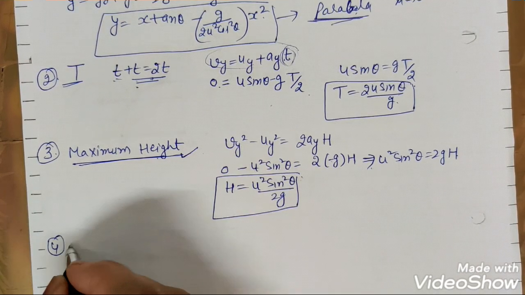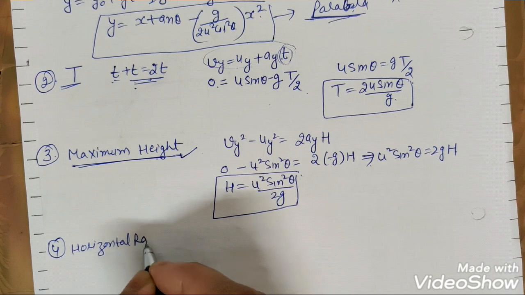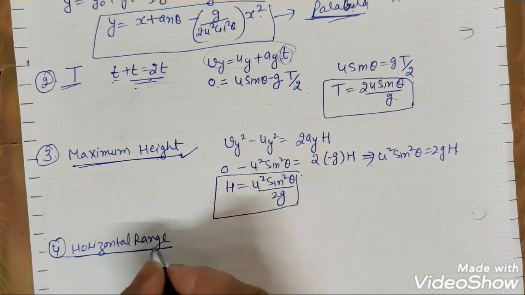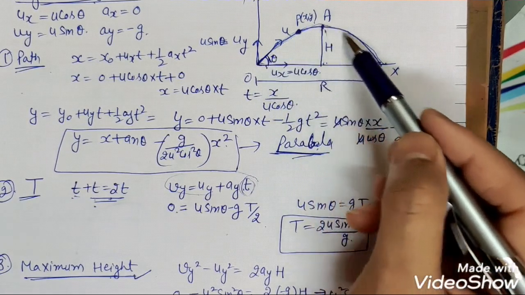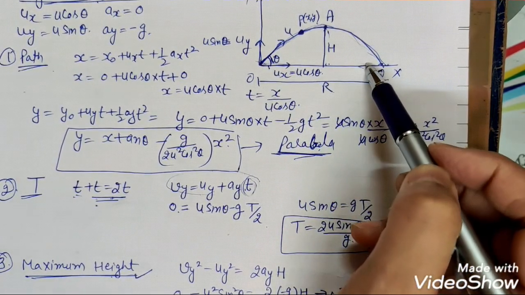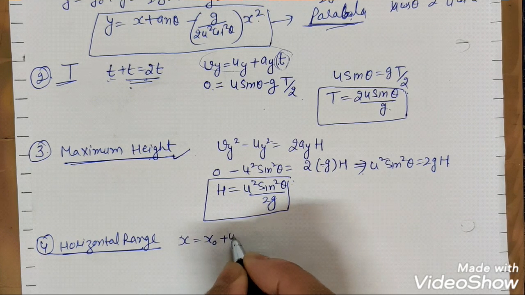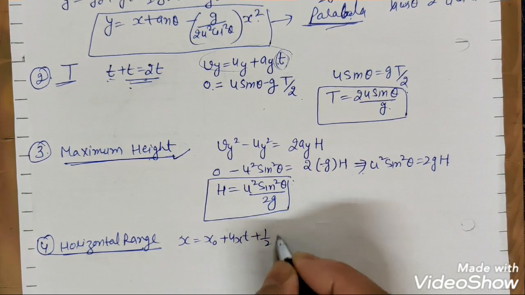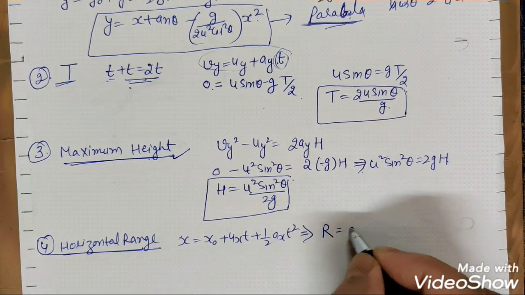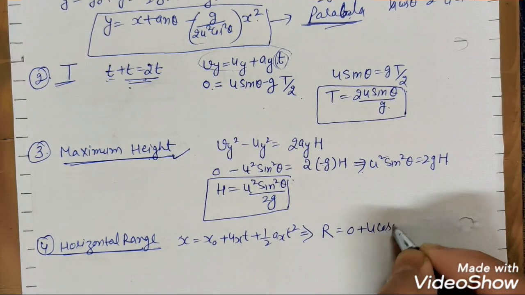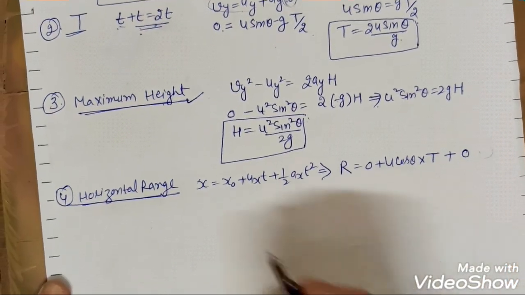And the fourth is the horizontal range. The horizontal range means this horizontal distance. So the time for this is the same, that is the horizontal range, and this is x naught plus uxt plus half axt square, meaning R equals 0 plus u cos theta into time plus 0, because a is again 0.